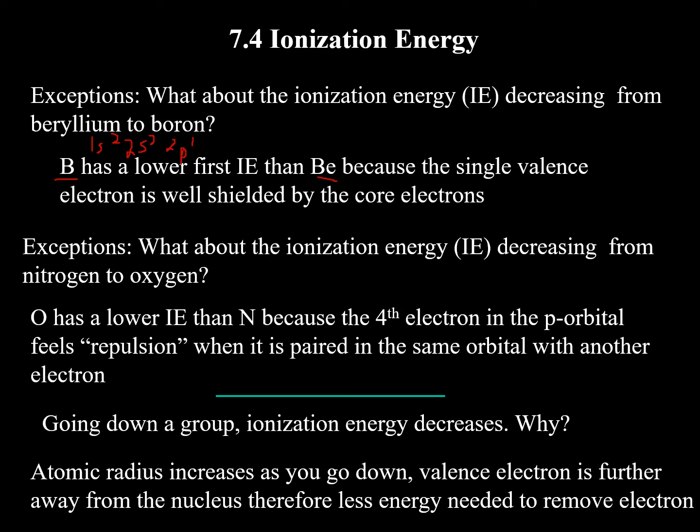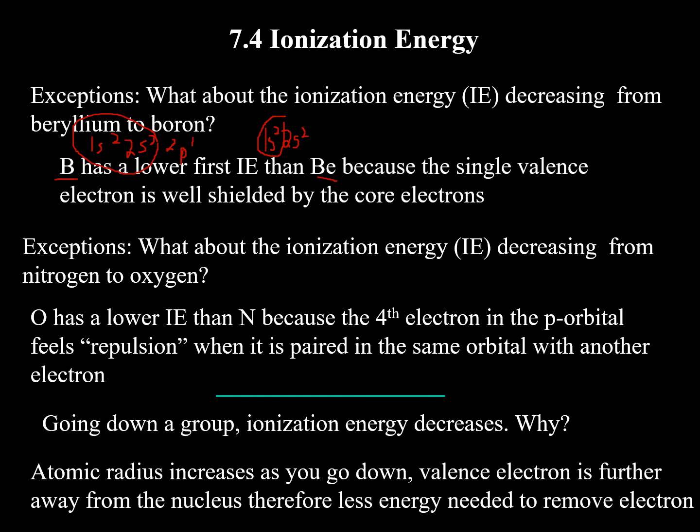And beryllium is 4 protons, 4 electrons: 1s2 and 2s2. So the boron in this case will have 4 shielding electrons versus 2 shielding electrons. Therefore it will be easier to remove the electron from the 2p1 instead of the 2s2.